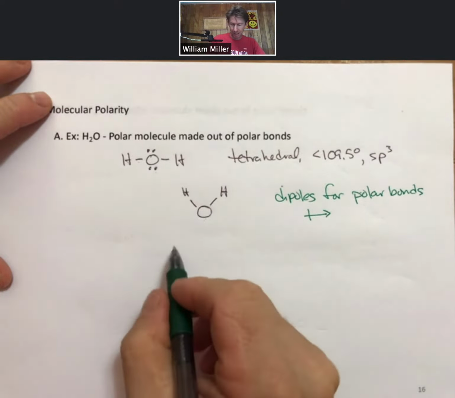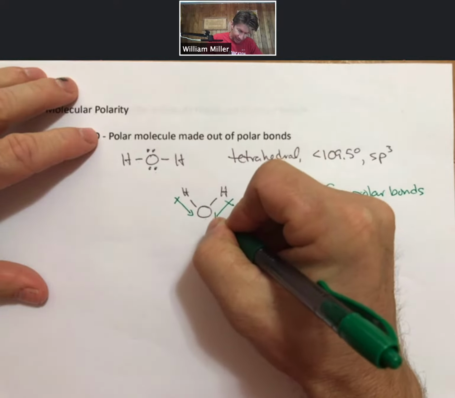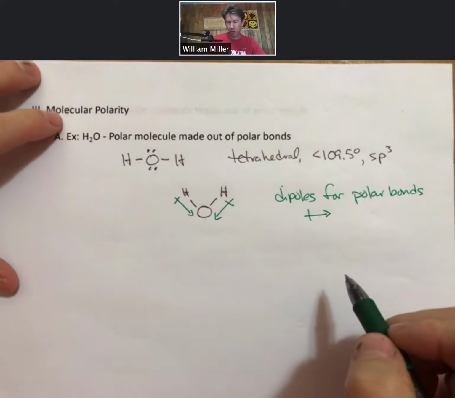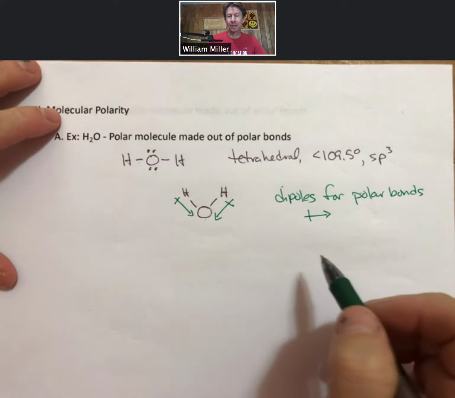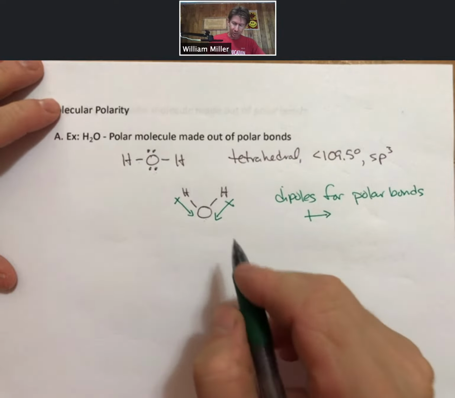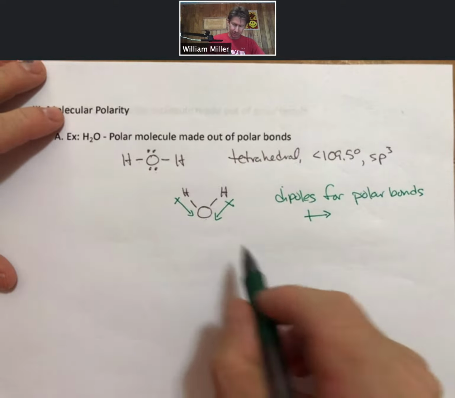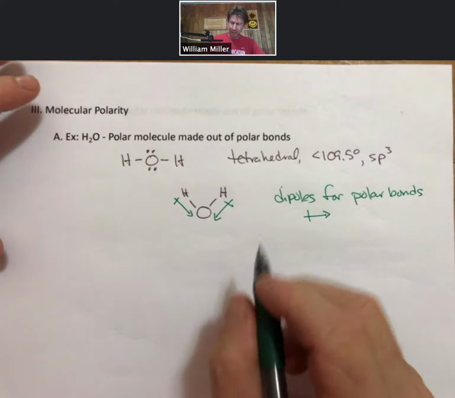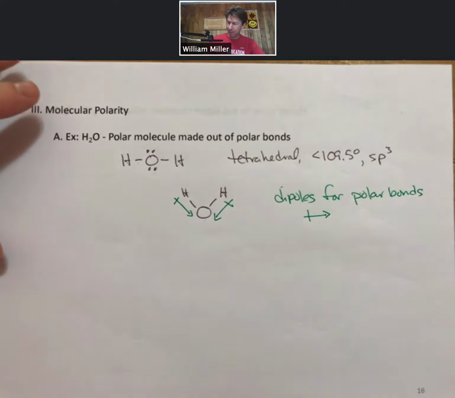That plus arrow is going to be pointing towards the oxygen, and the plus is going to be closest to the hydrogen. These should be identically sized arrows because they have the same 2 atoms in each of the bonds, and so they should have the same size dipole. And then the question is, okay, so there's dipoles. How do we account and create what's called the molecular dipole?